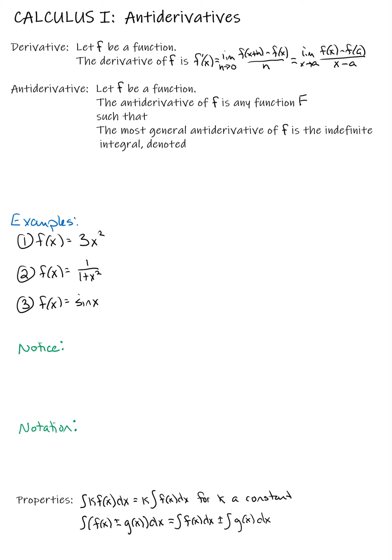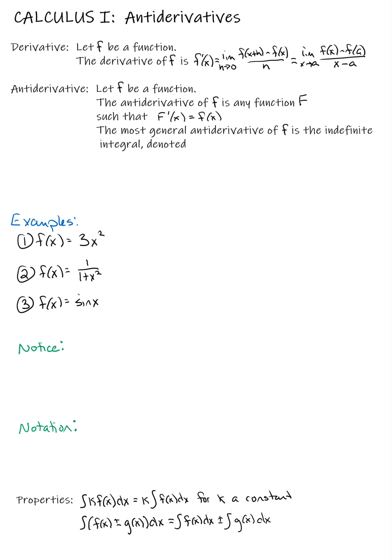Now let's take a look at an antiderivative. We're trying to undo that derivative process. Again, let's let f be a function. The antiderivative of lowercase f is any function uppercase F such that the derivative of uppercase F of x is equal to lowercase f of x.